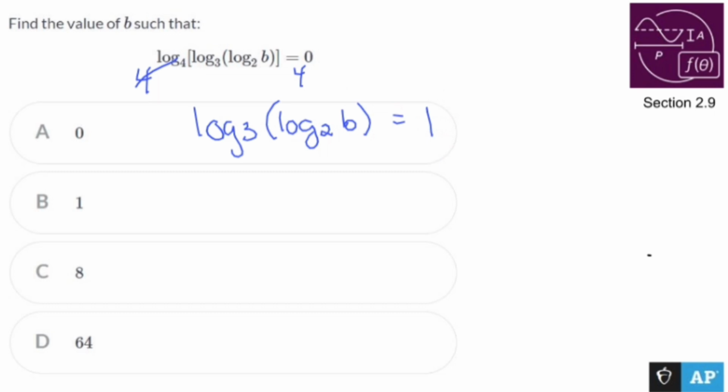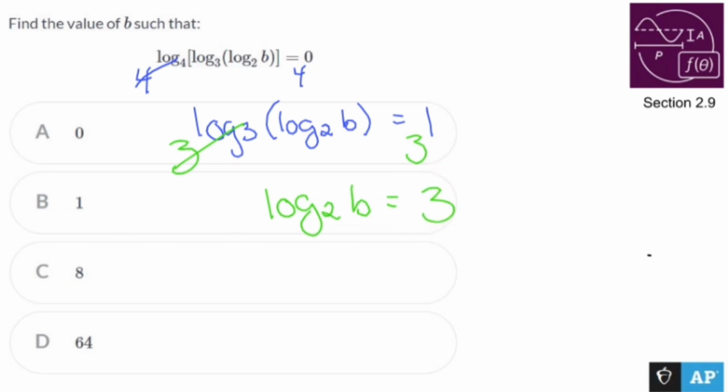Let's do it again, but with 3 to the. 3 to the both sides cancels out the 3 in the log base 3, dropping down log base 2 of b equals 3 to the first power, which is 3.